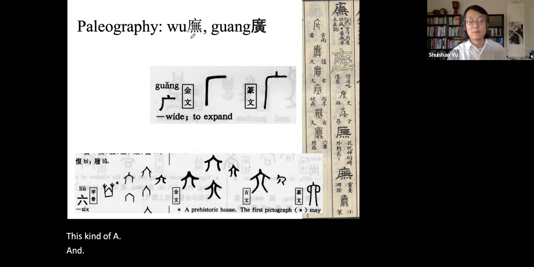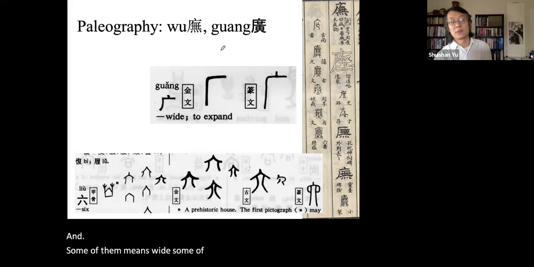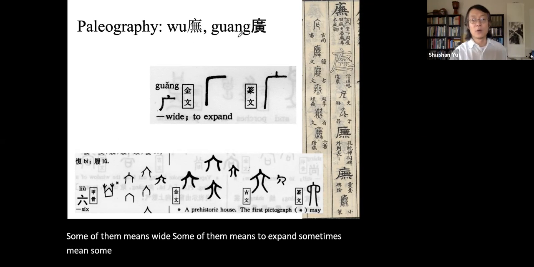Some of them mean wide, some mean to expand, some mean corridor, some mean veranda.